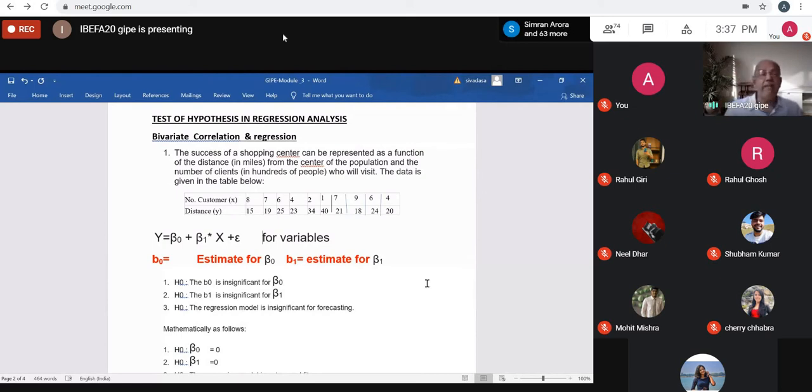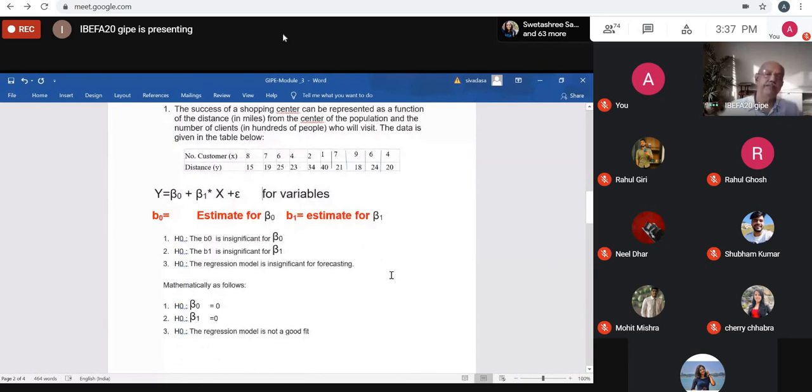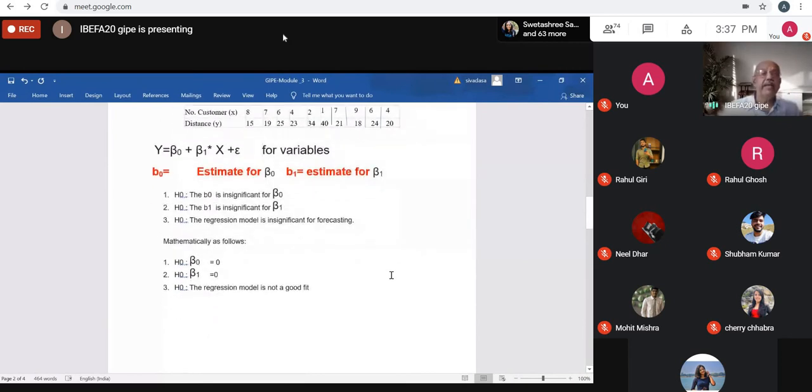So from the sample, you are estimating beta naught and beta 1. Whether this estimate is good or poor for forecasting, 3 hypotheses. That English sentence I have written will be written in a mathematical form.